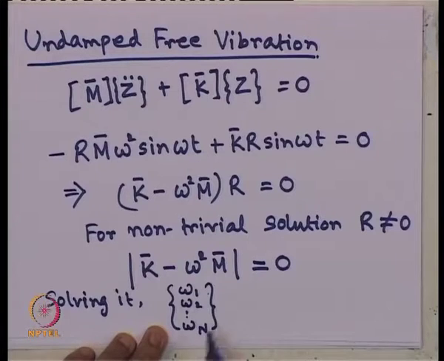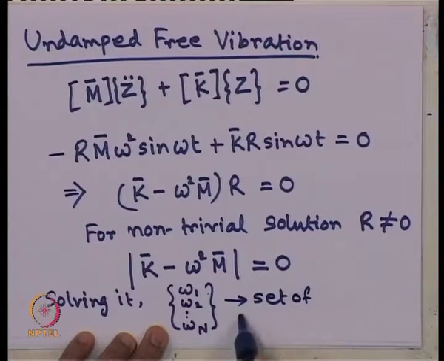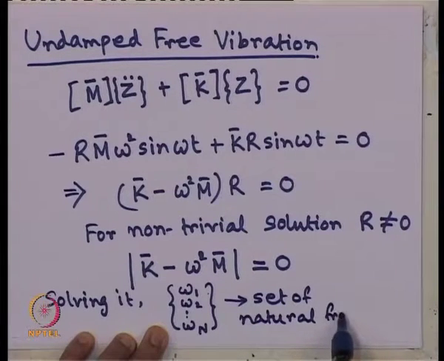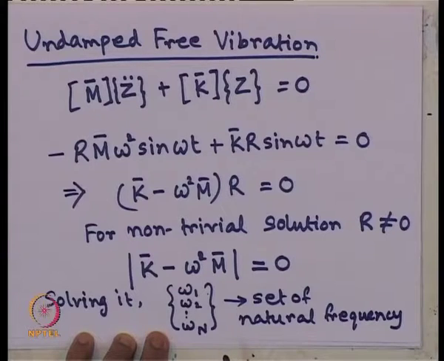What is it called? It is called the set of natural frequencies. So, for an n degree of freedom system, it will have n natural frequencies.